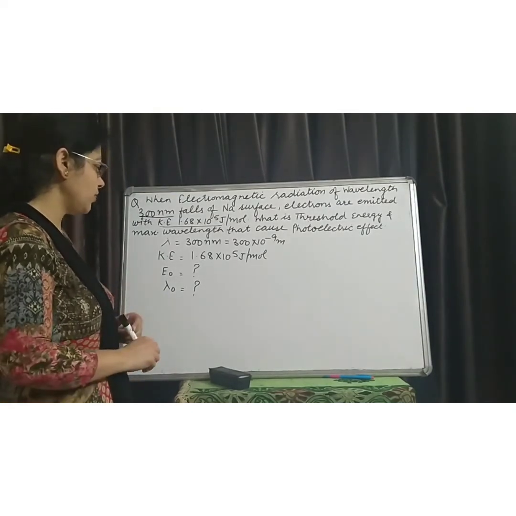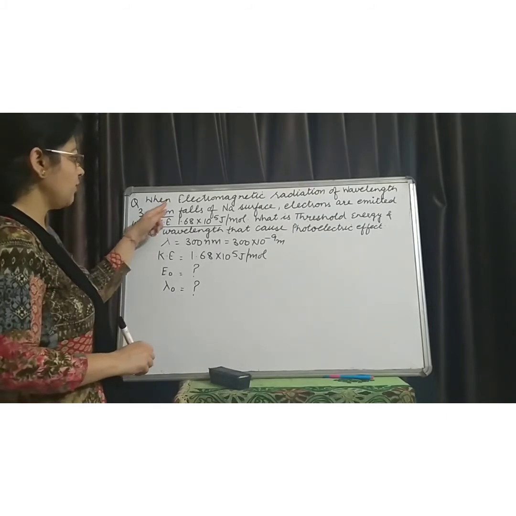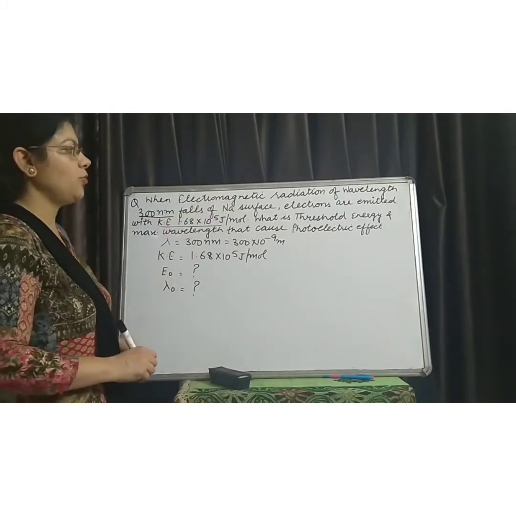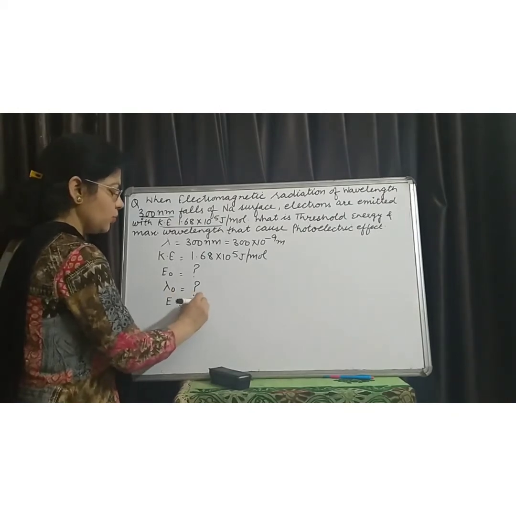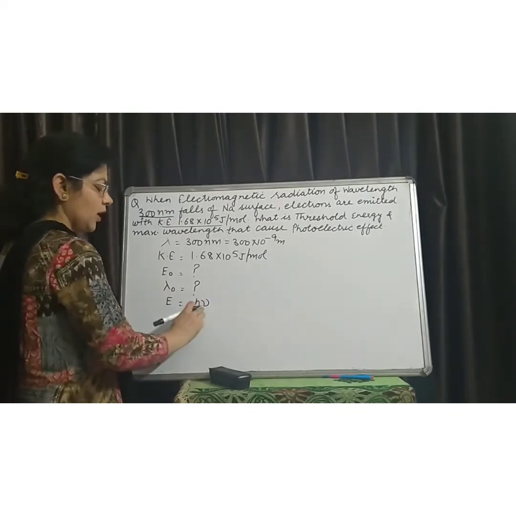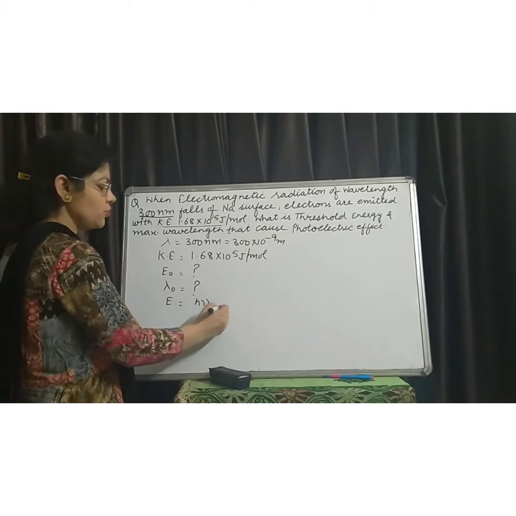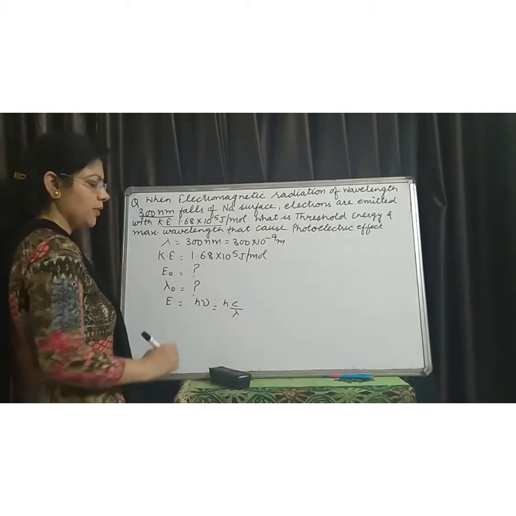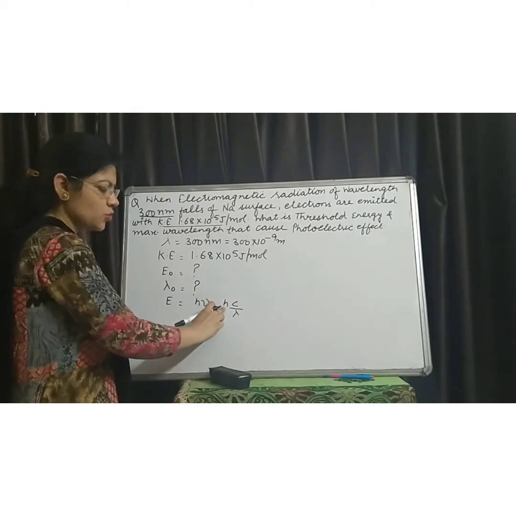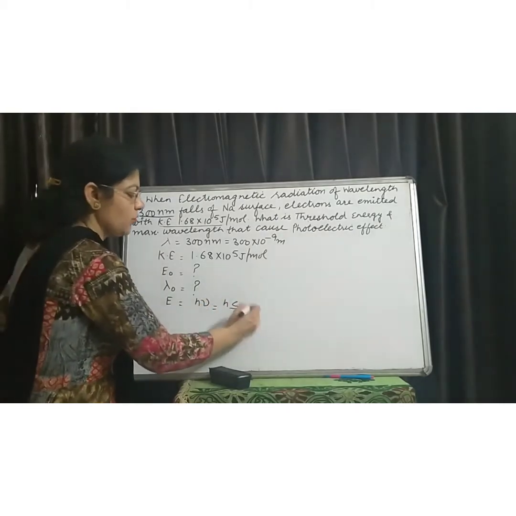How do we solve this? First of all, we have to calculate the energy of the electromagnetic radiation. For this, E is equal to h nu. Here lambda is given to you, so put E is equal to hc upon lambda, where h is Planck's constant and c is the velocity of light.